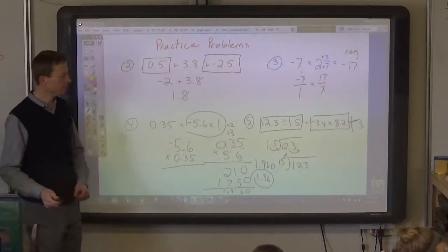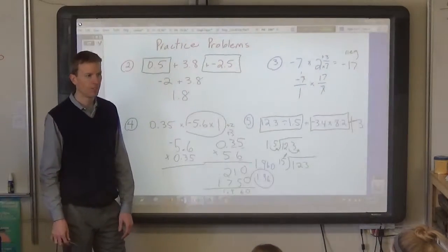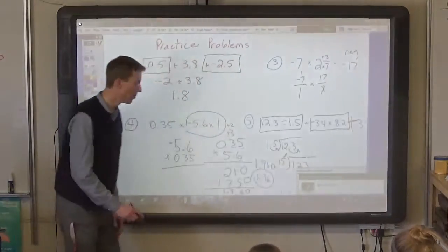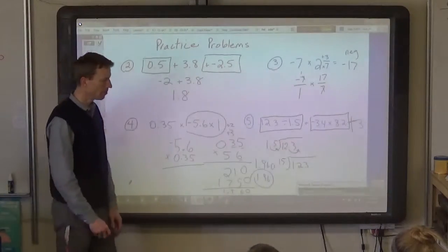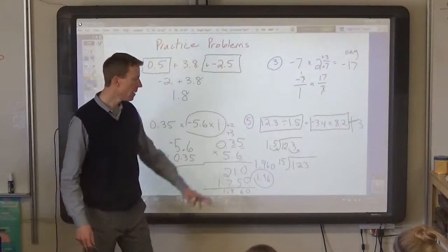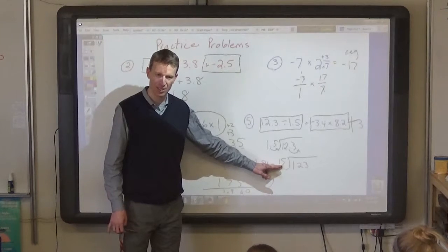What is that? 15 into 123. How many times does 15 go into 100? Anybody know? 400 times? Well, 10 times would be 150. Oh, yeah. It's gotta be less.